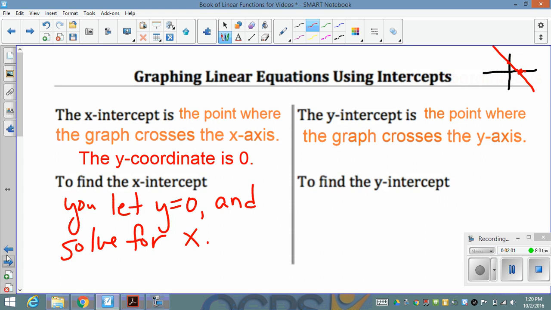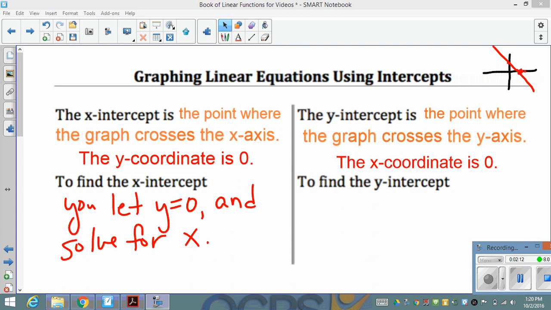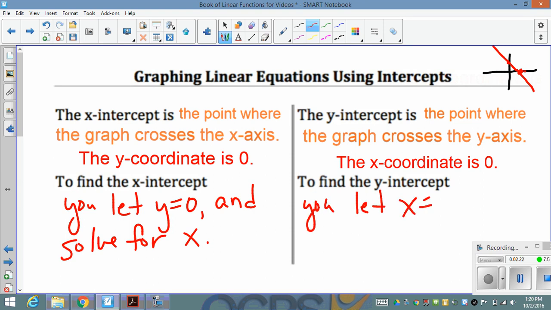Okay, the y-intercept is the point where the graph crosses the y-axis, and since I'm on the y-axis, I haven't gone left or right any, so the x-coordinate is 0. As you might imagine, the way that you find your y-intercept is that you let x equal 0, substitute 0 in for x, and solve for y.